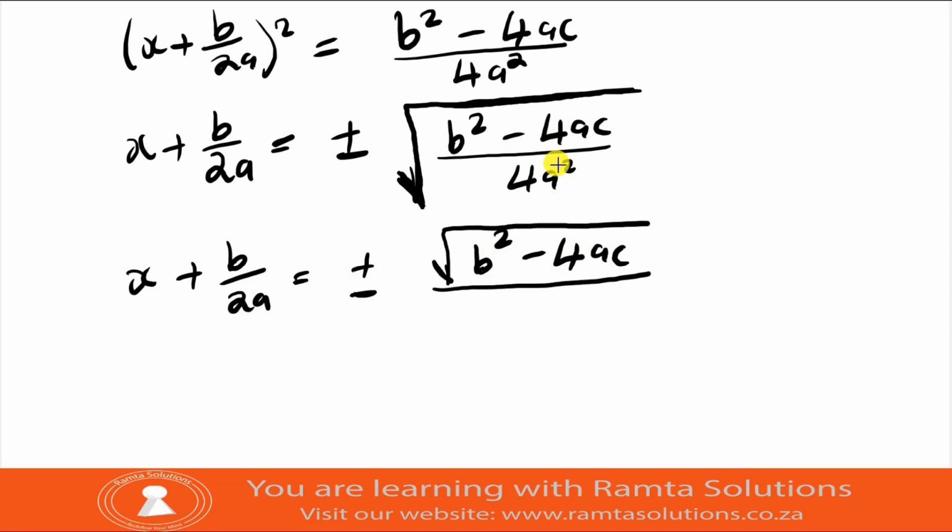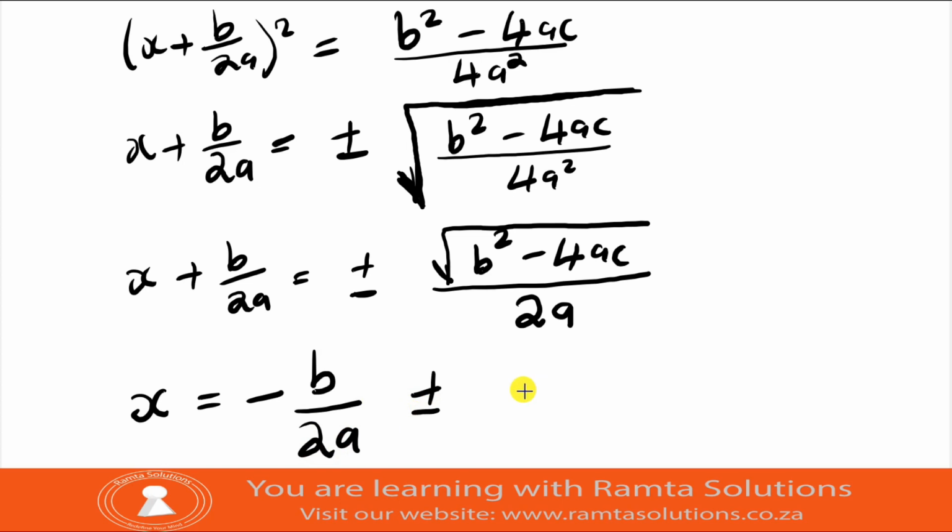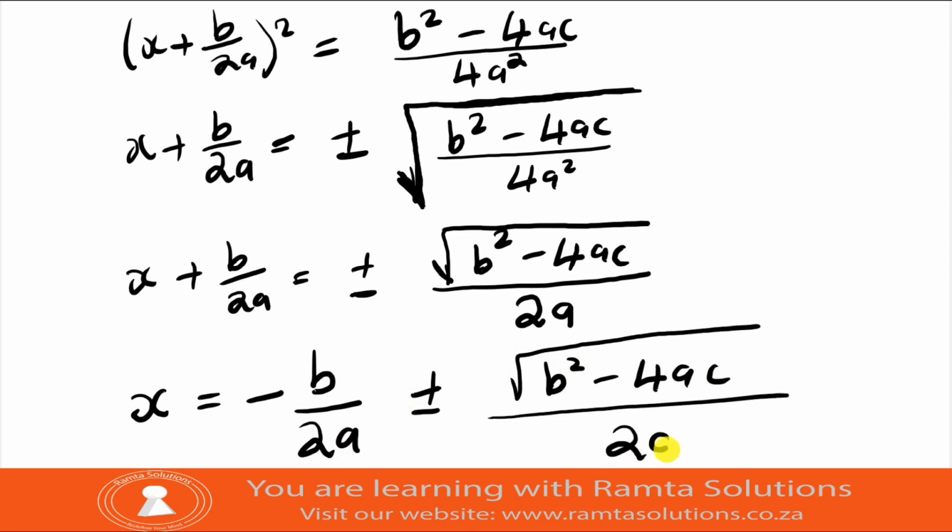Alright, but the denominator, I know the square root of 4 is 2. I know the square root of a squared is a. Right? Now, we have x equals, this is positive, so when it goes to the other side, it will be negative b over 2a plus minus the square root of b squared minus 4ac, all over 2a.